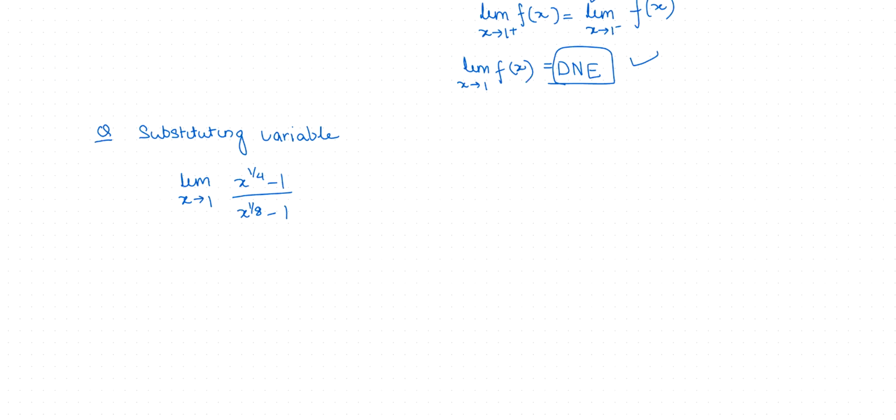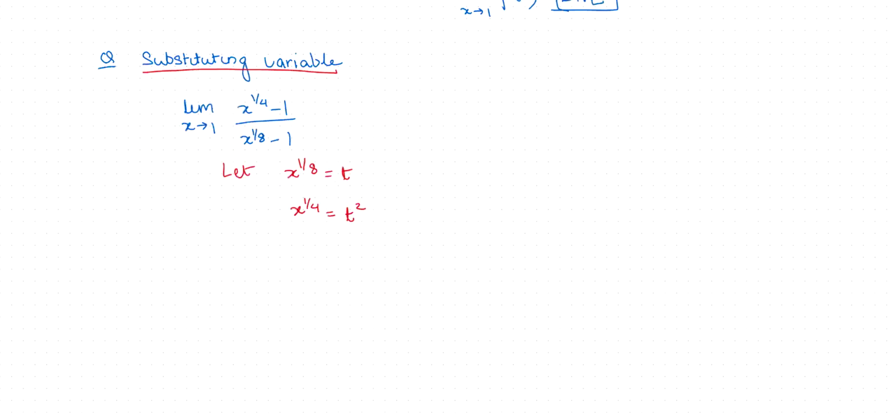We see this question and we'll try to solve it. We can factorize also, but it will be more complicated. So we'll learn a new technique where we substitute a variable. Let x raised to the power 1 by 8 be equal to t. So x raised to the power 1 by 4 will be t squared.